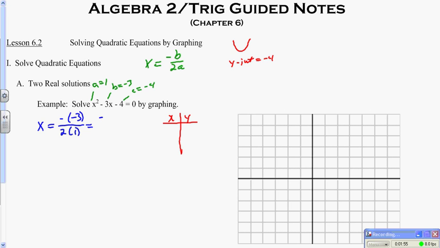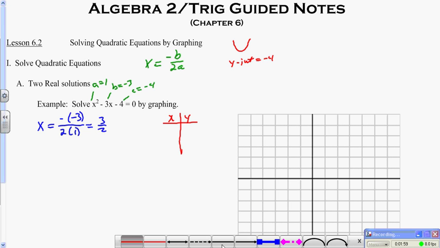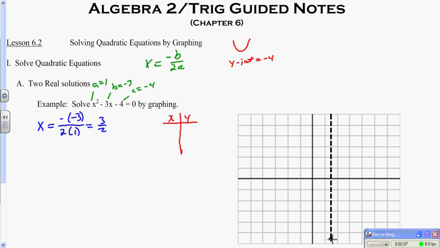And that would give us 3/2. So we have basically a vertical line at 1.5. And everything else evolves around that.